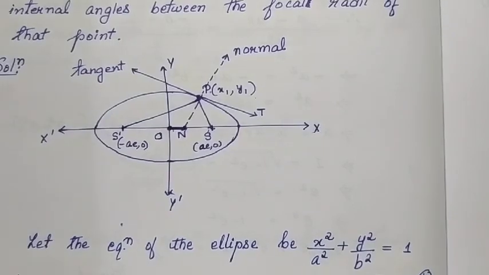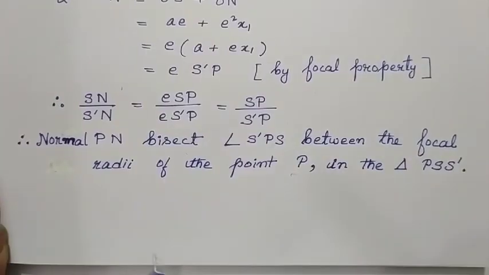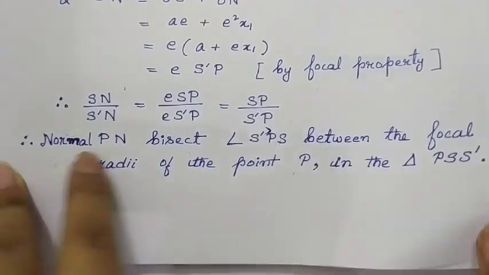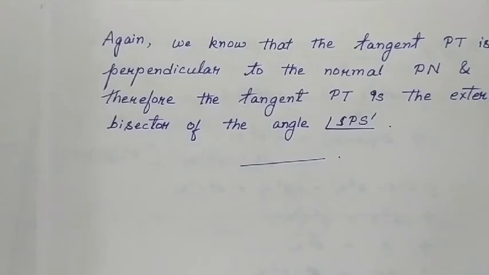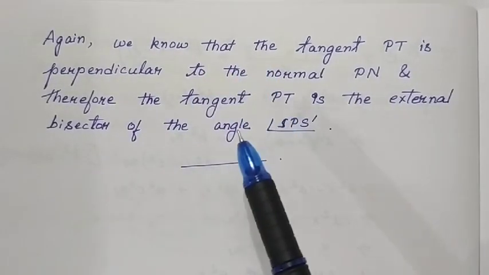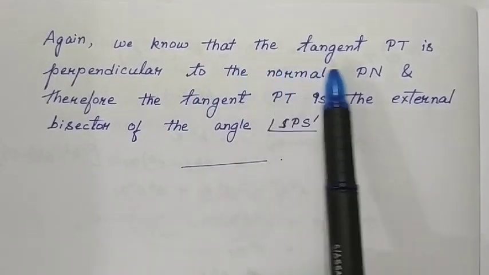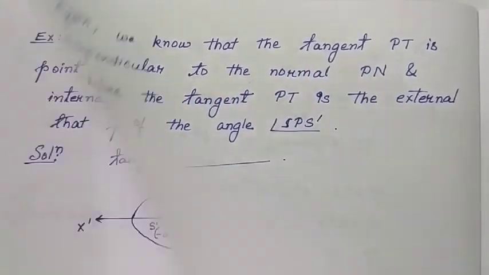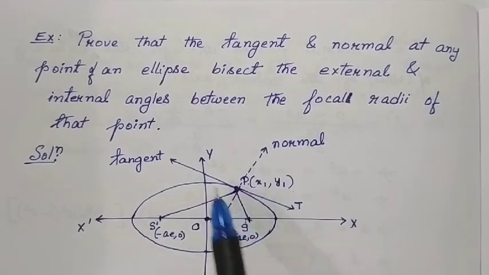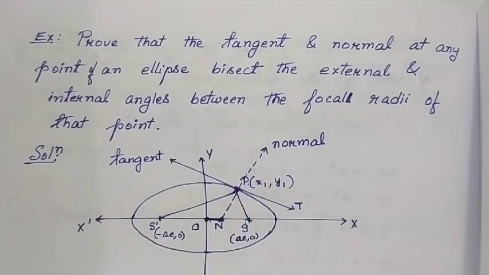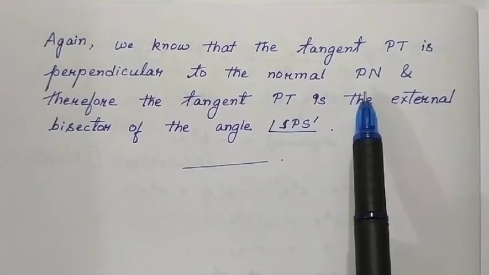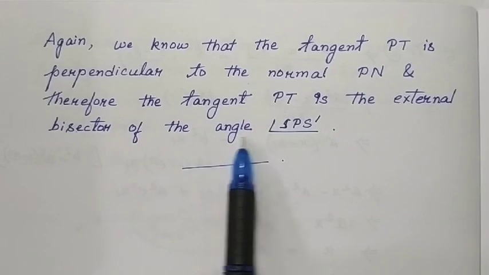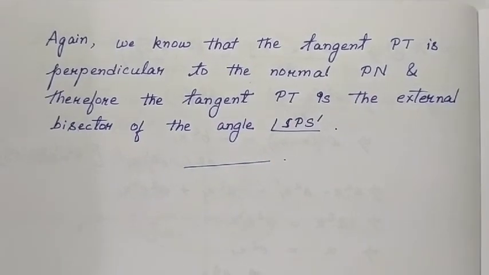And so, from the property of a triangle, what can we say? That the normal bisects this angle. And we know that the tangent PT is obviously perpendicular to the normal. We can see from the figure that the tangent is perpendicular to the normal PT, and therefore the tangent PT is the external bisector of the angle SPS dash.